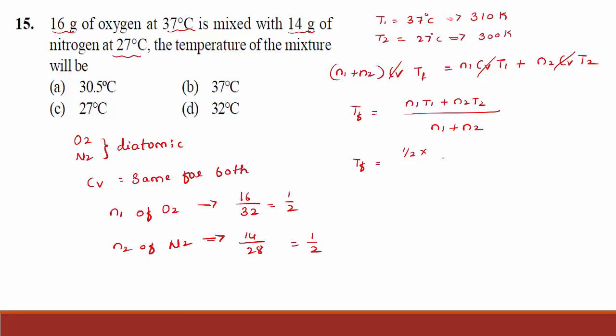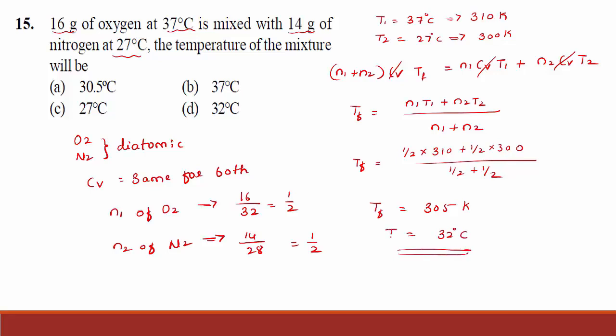Substituting, 1 by 2 into 310 plus 1 by 2 into 300 divided by 1 by 2 plus 1 by 2, we get 305 Kelvin, or in degrees Celsius, minus 273, so the final answer is 32 degrees Celsius. This is the final temperature after the mixture of oxygen and nitrogen. So option D is correct.